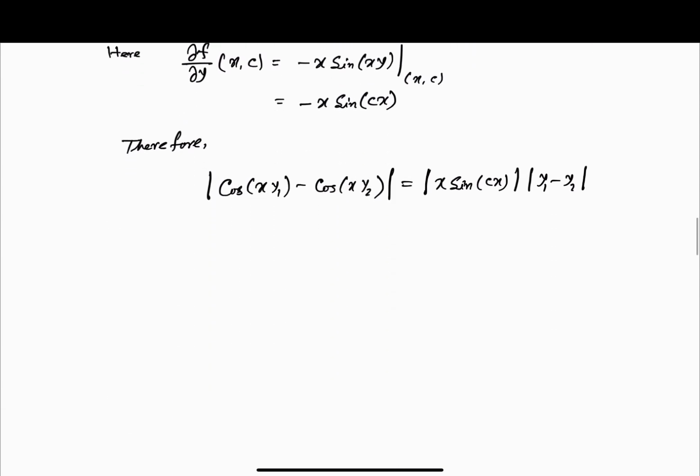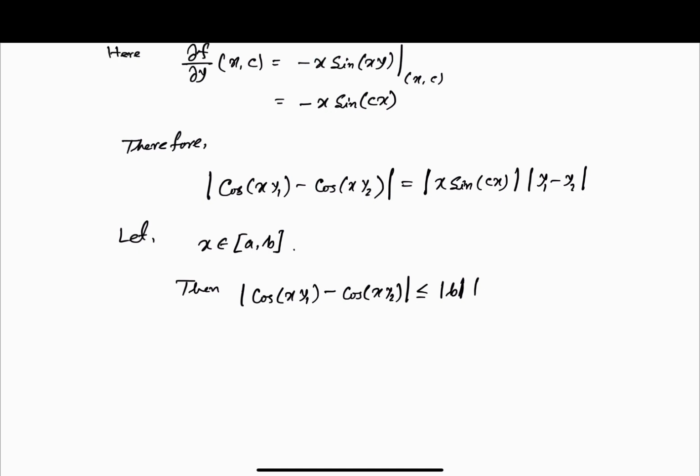Now let's take x to belong to some interval AB, some fixed compact interval. Then cos xy1 minus cos xy2 is less than or equal to mod x, which is less than b, so mod b, and mod sin cx is less than 1, into mod y1 minus y2.